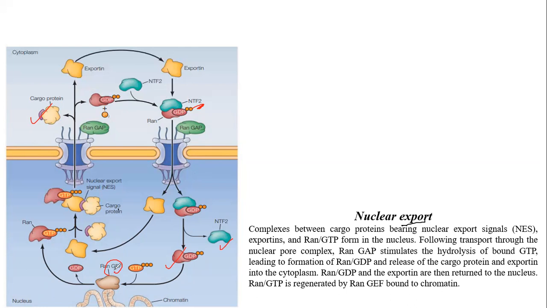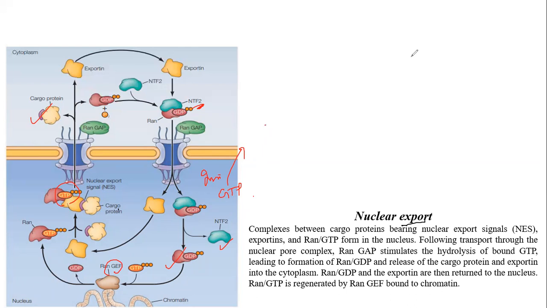Yes. In short, whenever you do export or import, RAN GTP is required. See, here also GTP. So inside the nucleus, it is GTP which is helping in the transport from nucleus to the cytoplasm.